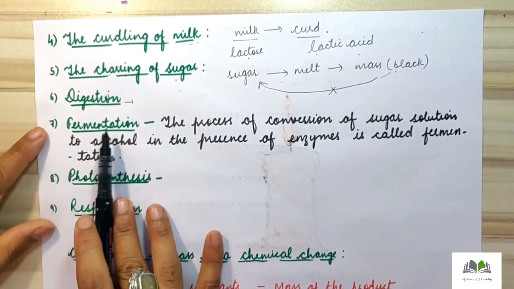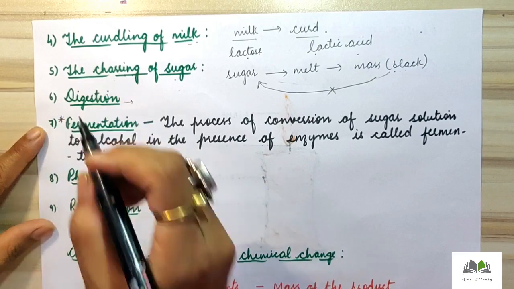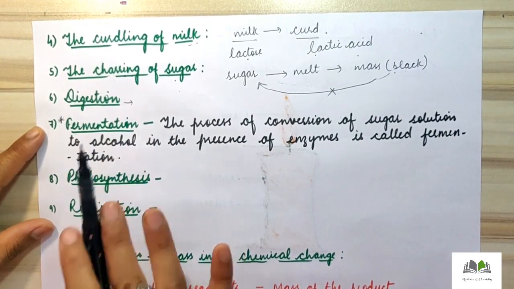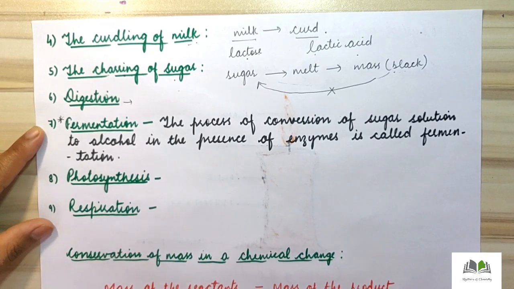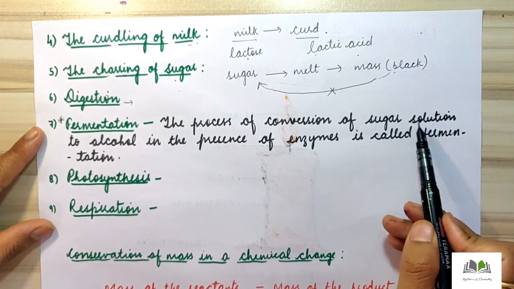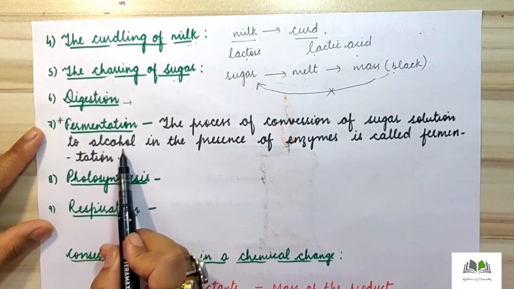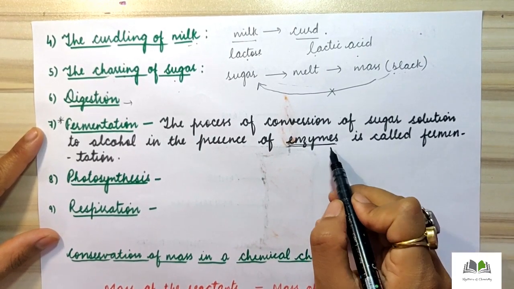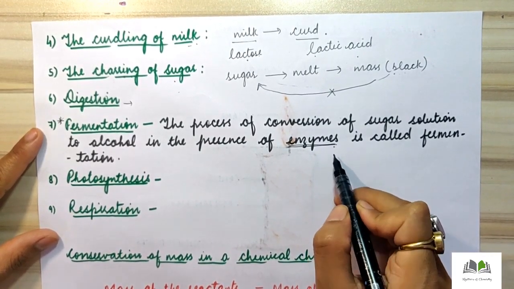Next we have an important example, which is known as fermentation. What is the meaning of fermentation? It is also a type of decomposition process. It is a chemical conversion process where sugar solution changes to alcohol in the presence of enzymes. Now what are enzymes? Enzymes are biological catalysts.